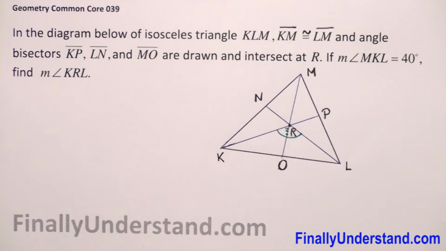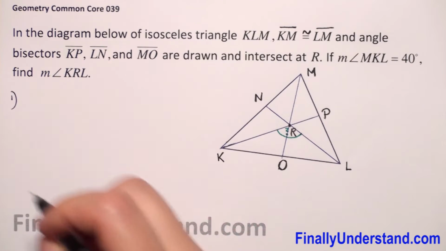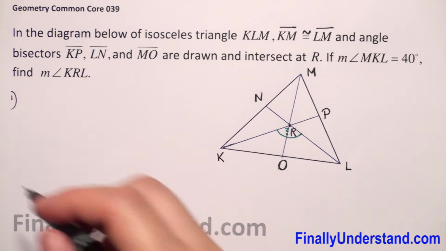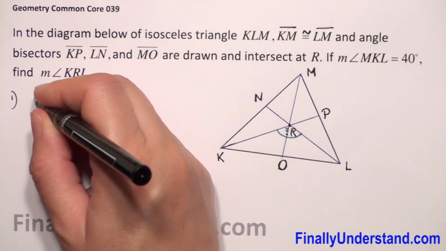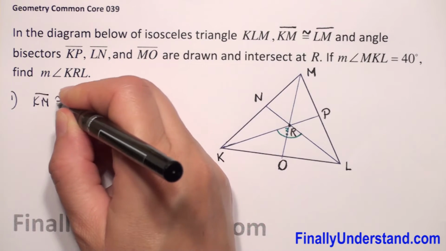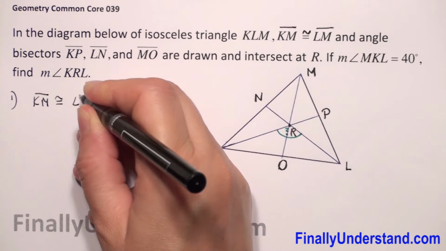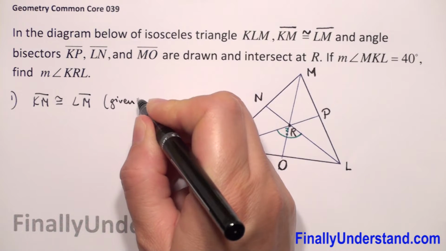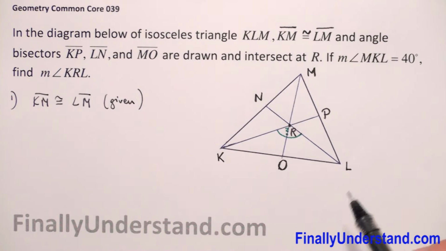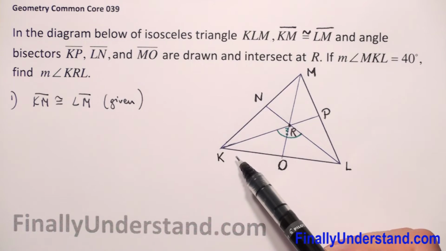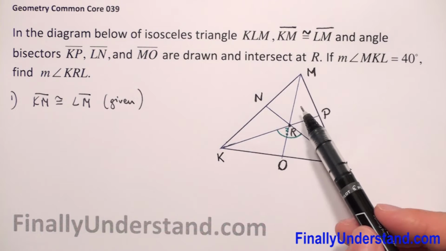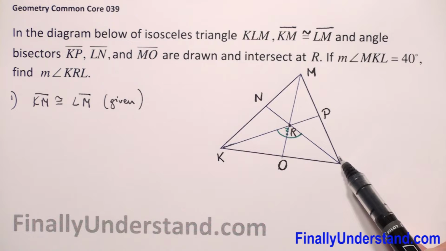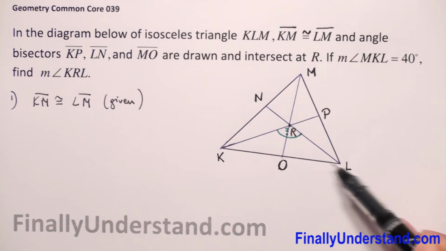So first, we are given that segment KM is congruent to LM. We have an isosceles triangle. KM is congruent to segment LM. This is given. Because this is an isosceles triangle, it means also that the measure of angle MKL is the same as the measure of angle MLK.